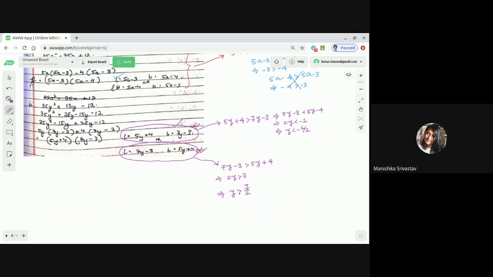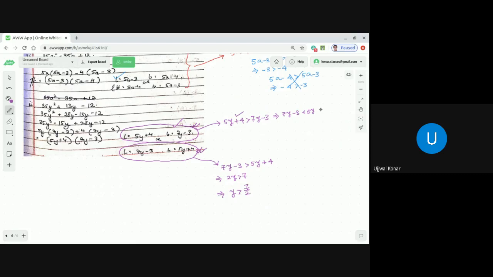Now, if 5y plus 4 is length and 7y minus 3 is breadth, then 5y plus 4 should be greater than 7y minus 3, because length should be greater than breadth. So that's why I wrote this statement. That means 7y minus 3 should be less than 5y plus 4. Oh, I'm so sorry, I made a calculation mistake here. It should be plus 4.